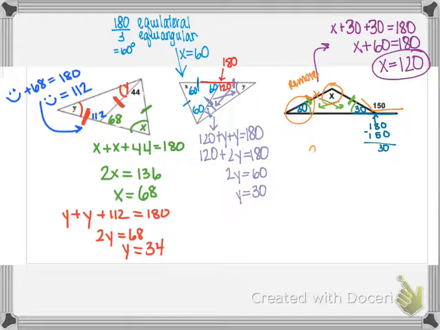So we could have done 30 plus x equals 150. Subtracted 30, and x would equal 120. So it's just another way to think about it. That's one of the things I like about math, is that there's different ways to solve different problems.